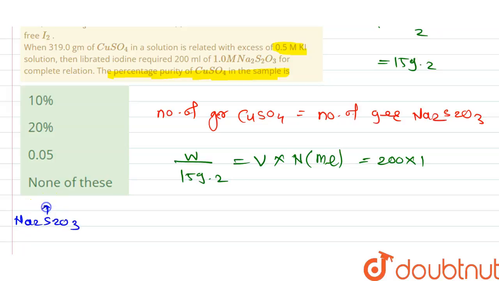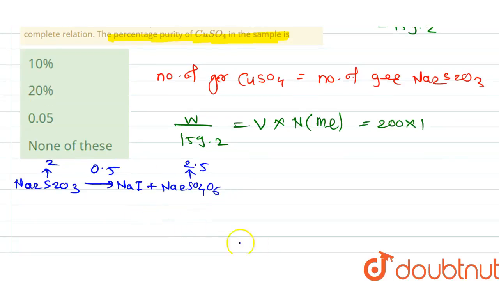The oxidation state of sulfur in Na2S2O3 is 2 and it gives NaI plus Na2S4O6, where sulfur is 2.5. That means the difference is 0.5. So here 1 and into gram equivalent, so it into 10 raised to minus 3.